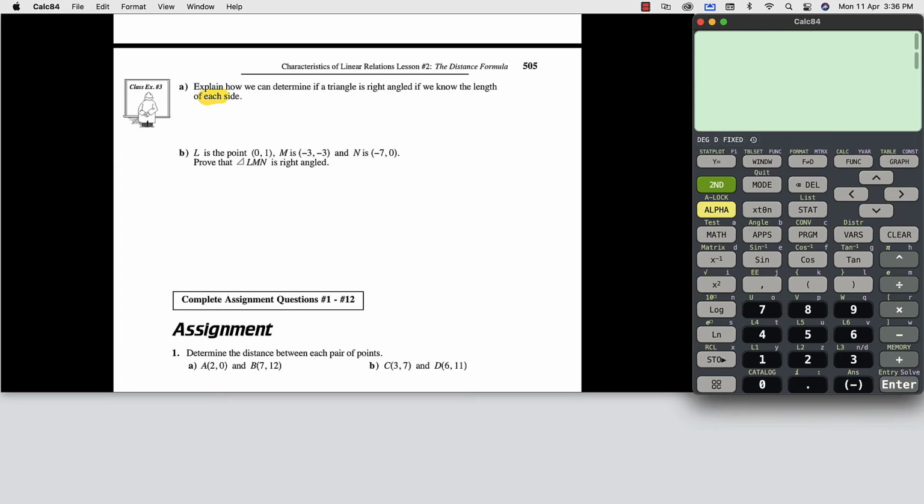Essentially, if we have a right-angled triangle, we know we've got side A and side B and side C. So what do we know? Well, C squared is going to equal A squared plus B squared.